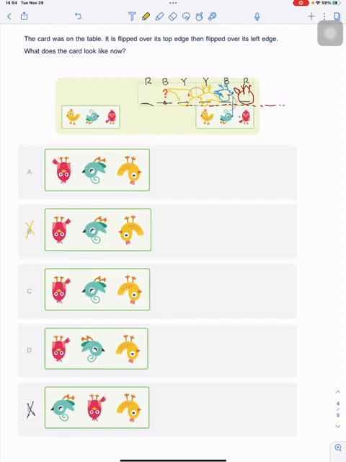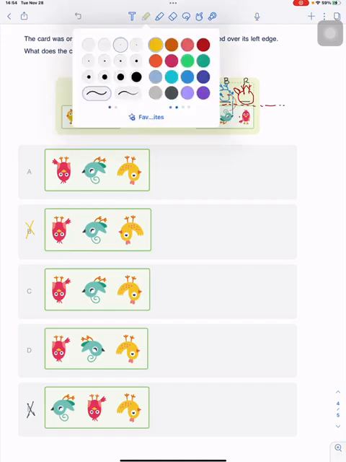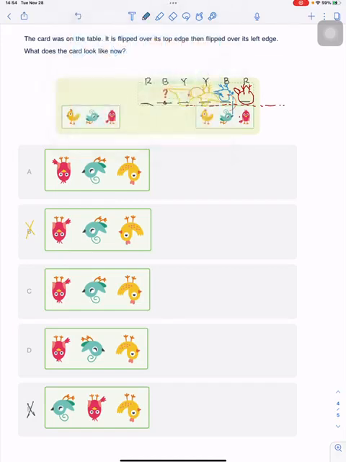Now, let's keep looking. For choices A, C, and D, which one should we choose? We can keep drawing out the birds, right? So for the blue bird, everybody, in the previous flip, the beak is pointing to the right, right? But after we flip it over its left, where should it be?